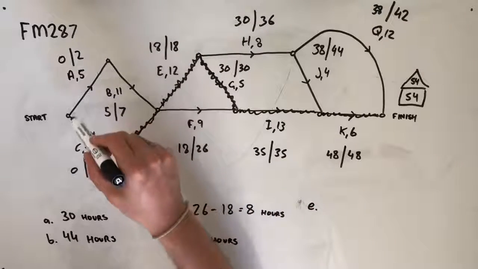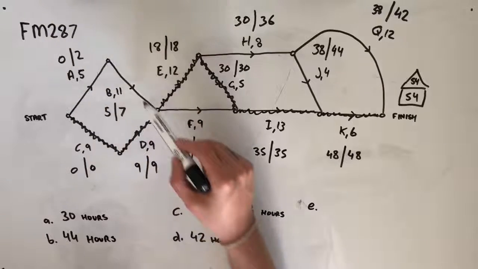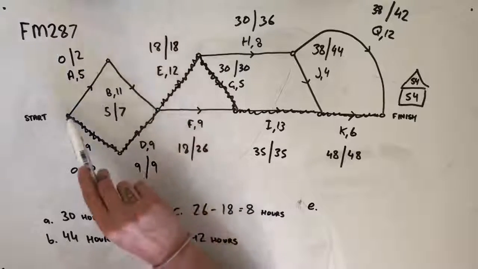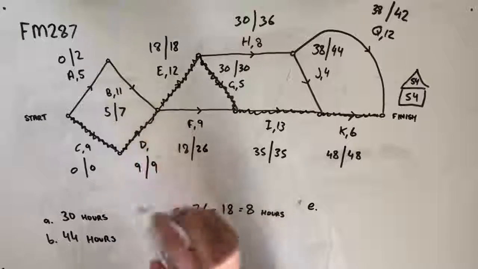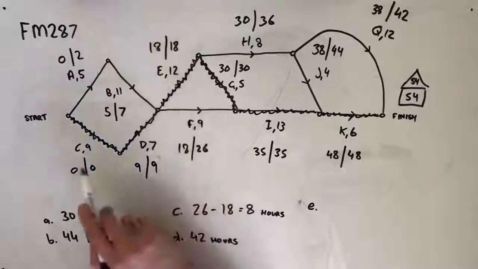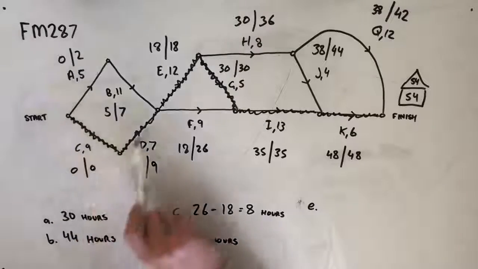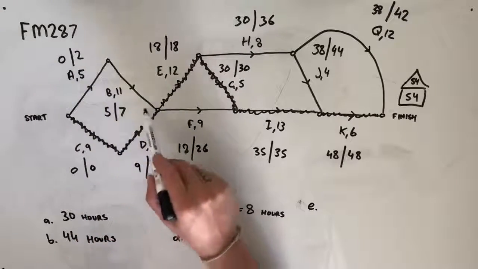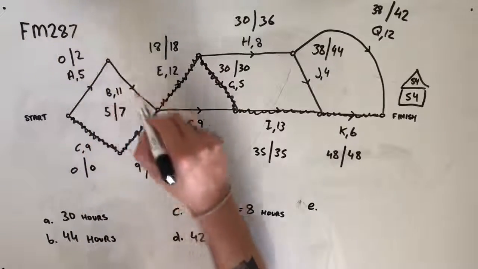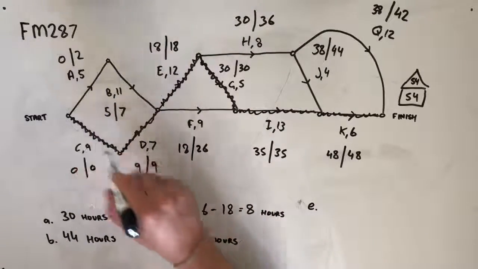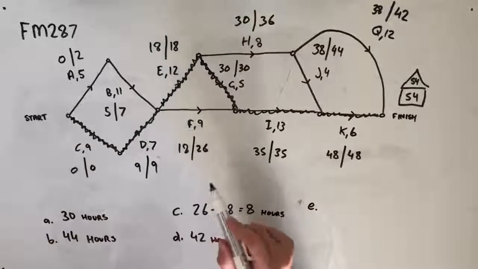And this happens because activity A and activity B take 5 days and 11 days, or 16 days all up. Which means that when I reduce D down to 7, and they also take 16 days, we now share a critical path along here. So we'd share a critical path along A, B, and then the rest of it, and C, D before the rest of it.